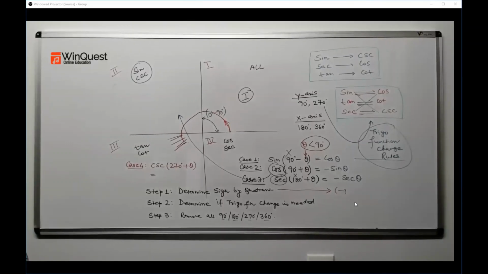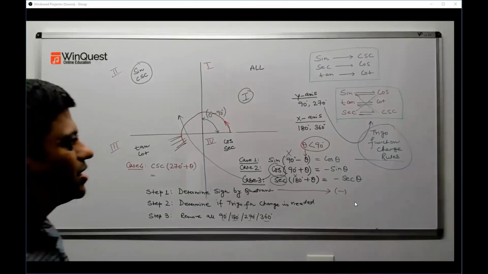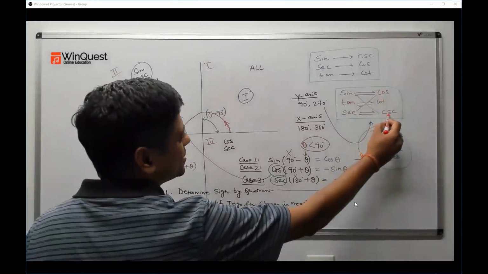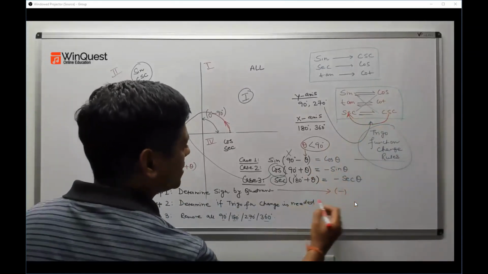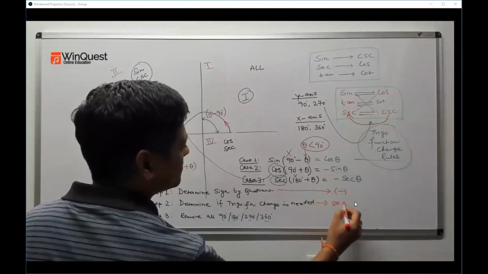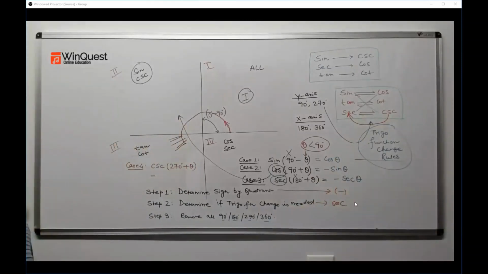Trigo function change required or not required, please? It's required. The rule says CSC will change to sec. Can I make this now sec? Yes.